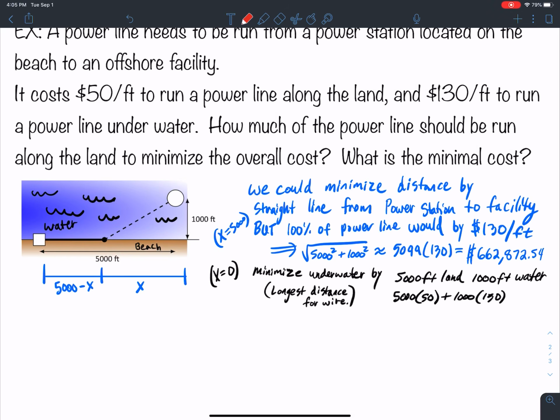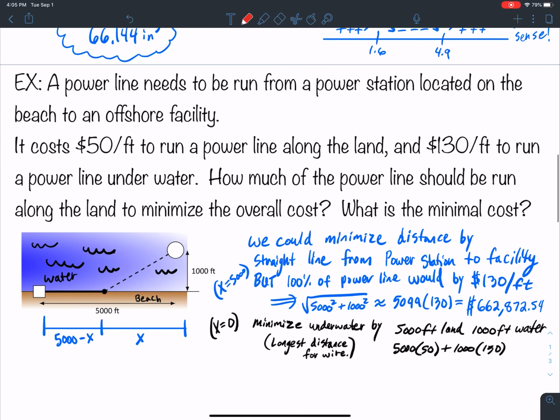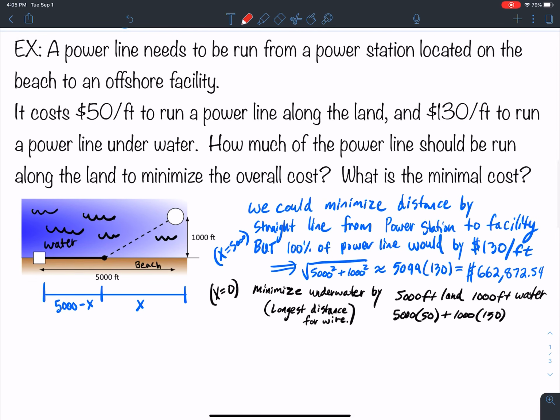We use the cheapest material as long as we can until we absolutely have to use the water material, and then use the most expensive part for that shortest amount. This is the typical solution for what people might do if they're not running a big operation and penny crunching. Without calculus, this would be the easiest way to do it.